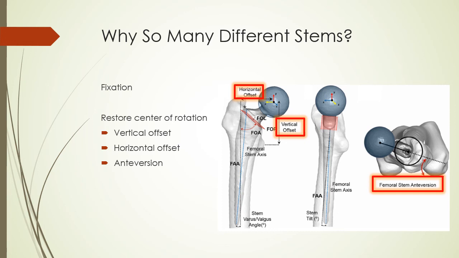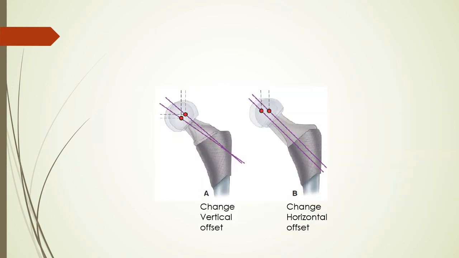Because if you look at the geometry of the stem, you notice that it has three things: vertical offset, horizontal offset, and version. And you can see how using different stem combinations can change these offsets, these geometry of the hip. That will directly impact your anatomic restoration of the hip joint. So that's why we need a lot of different combinations to address the needs.